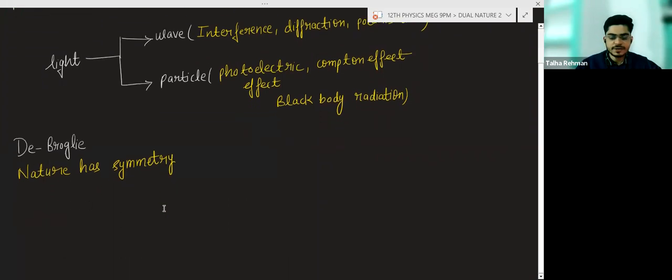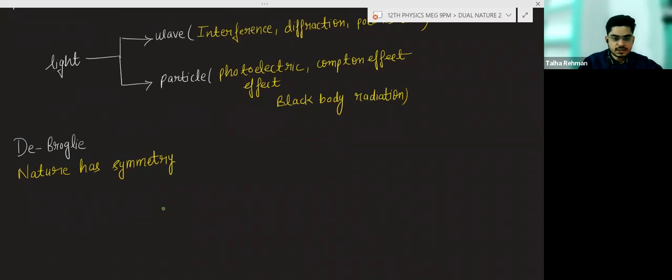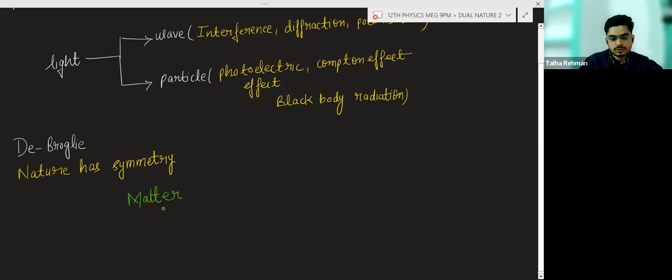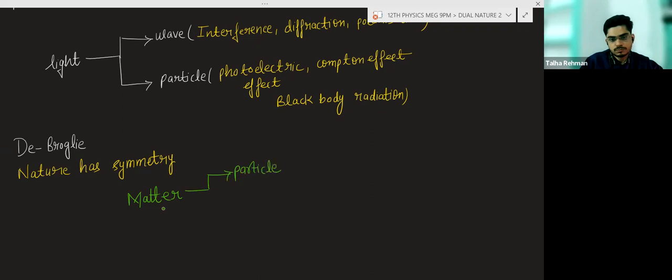He said that matter can show the particle nature also, and matter can show the wave nature also. We know that matter is a particle, but according to De Broglie, matter will also show wave nature.